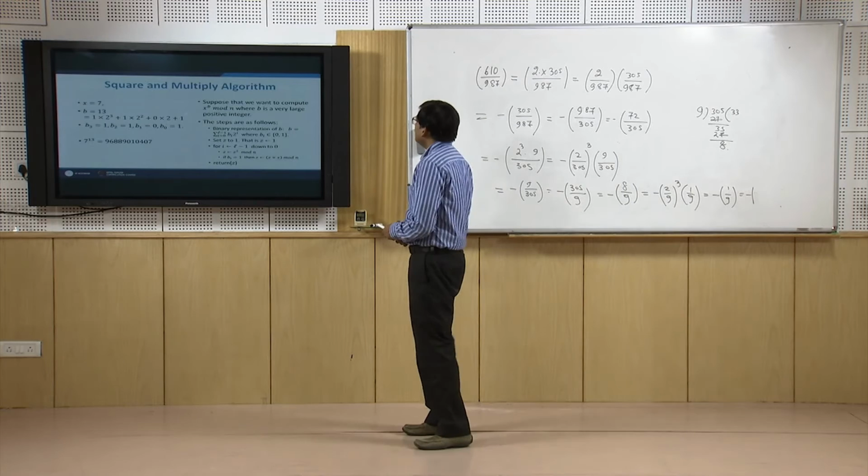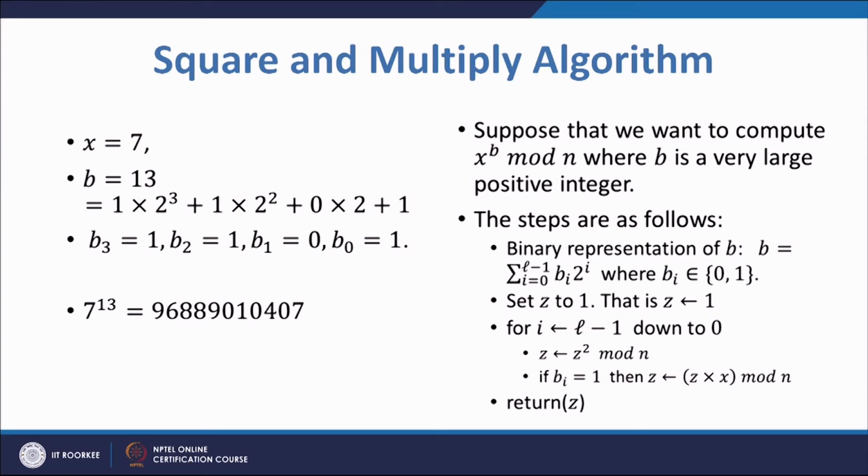Now, let us recall the algorithm first. We want to compute x raised to the power b mod n, where b is a very large number. So, we take b and we write the binary representation of b.